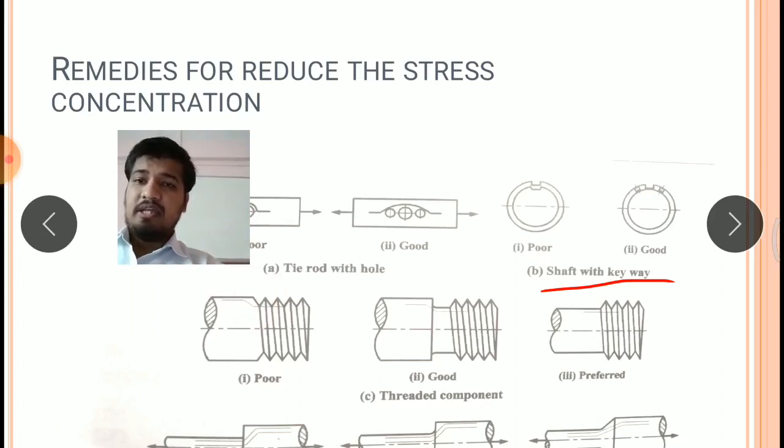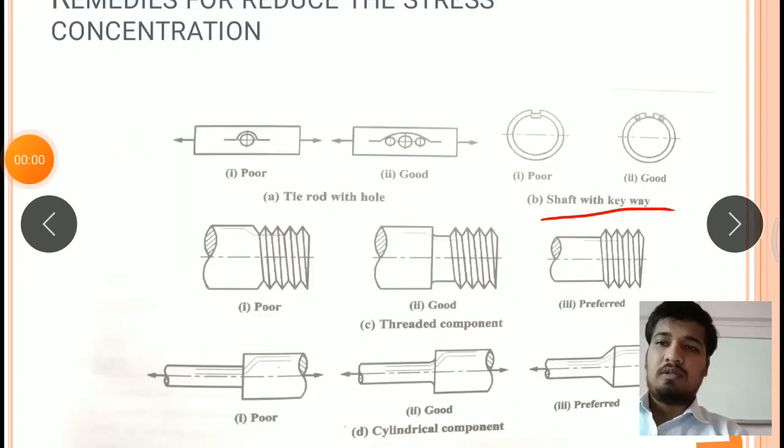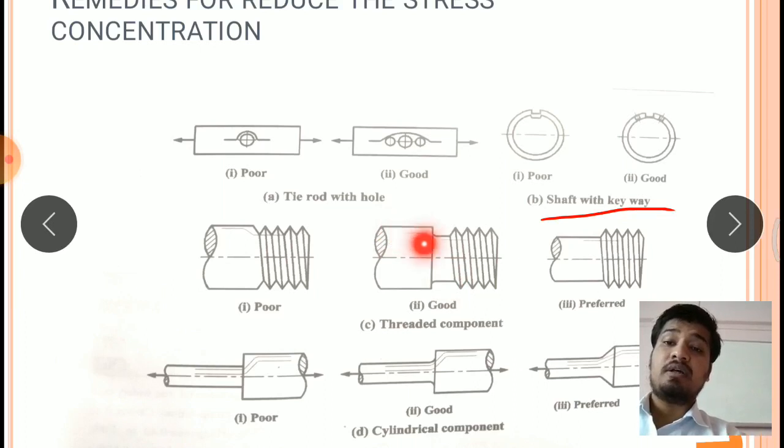But in the second example, you can see that the line is a continuous one as compared to the previous example, because we manufacture that component in this way. A slot is created before starting the threads, and due to that the stress concentration line is marked in a smooth way.